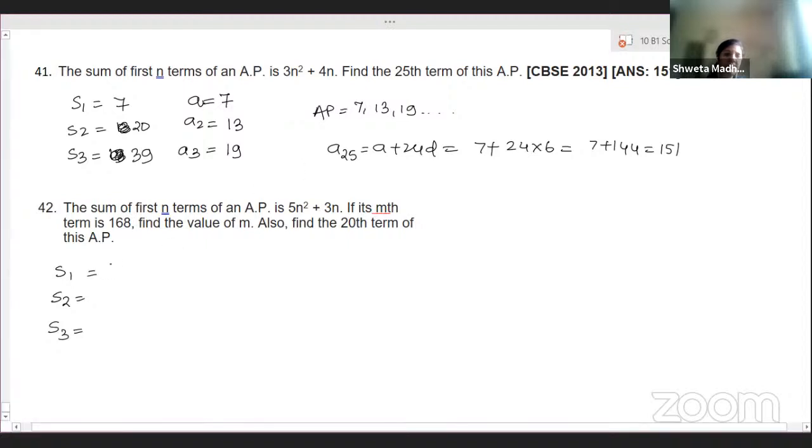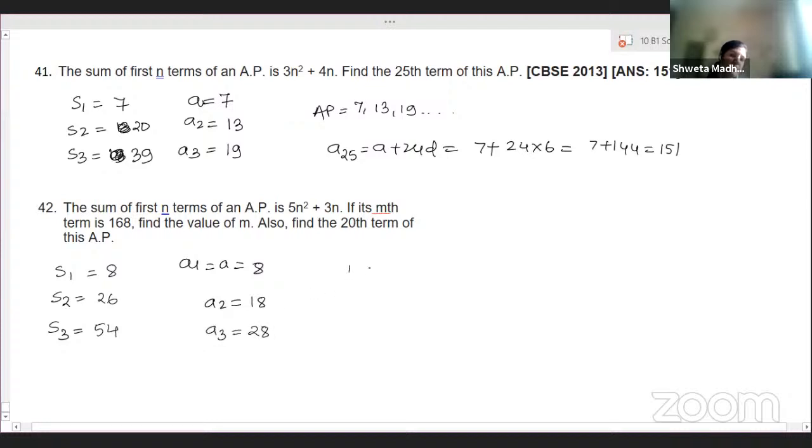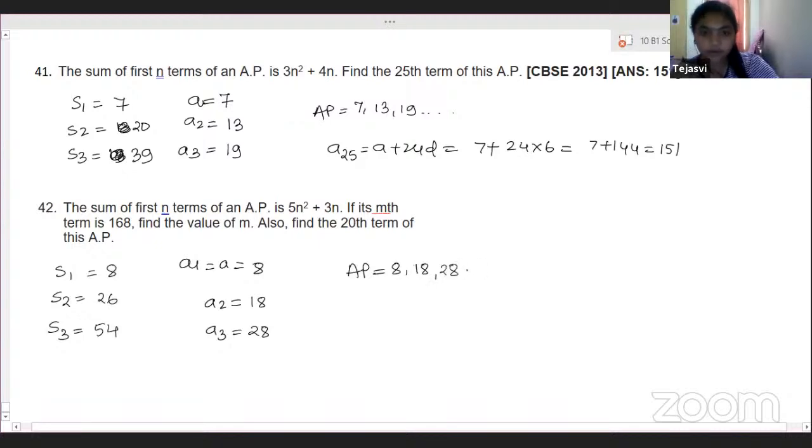S1 is 8, S2 is 26, and S3 is 54. So A1, that is A, is 8, A2 is 18, and A3 is 28. So you got the AP as 8, 18, 28, and so on.